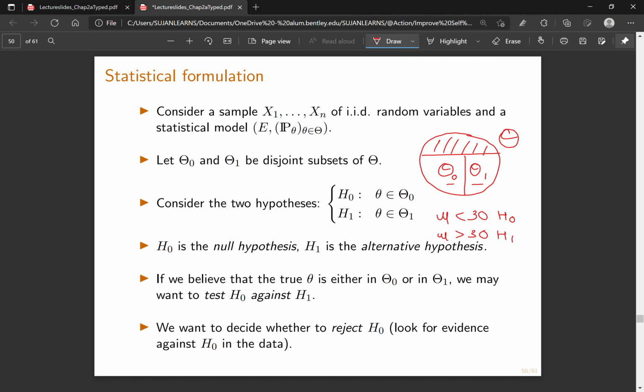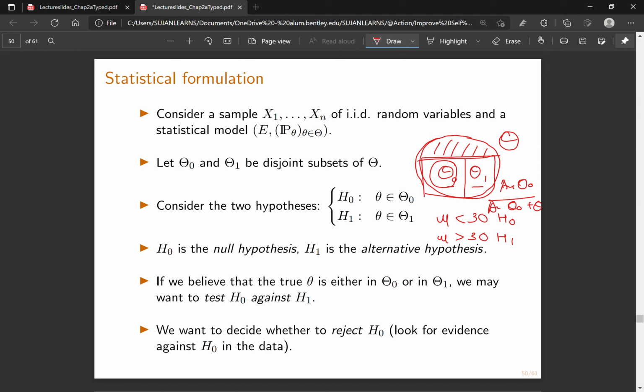Look at the area covered by these two. Can we find the area covered by this parameter space and the area covered by this one? And if we divide the area of theta naught by the area of theta naught plus theta 1, then we would find the probability distribution of theta naught.